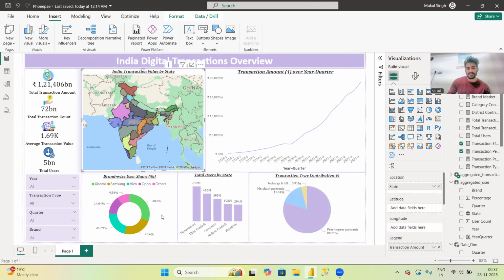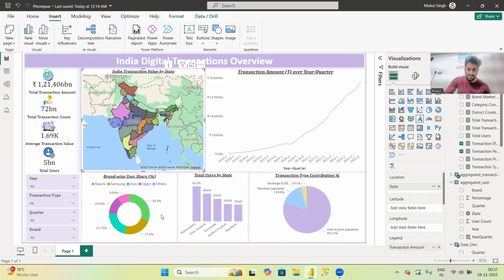So the final thing is, what does all this mean? India's digital payment revolution is not just a metropolitan trend. It's a nationwide movement driven by massive smartphone adoption, simplified UPI infrastructure, rapid merchant onboarding, and a population that has embraced cashless convenience.